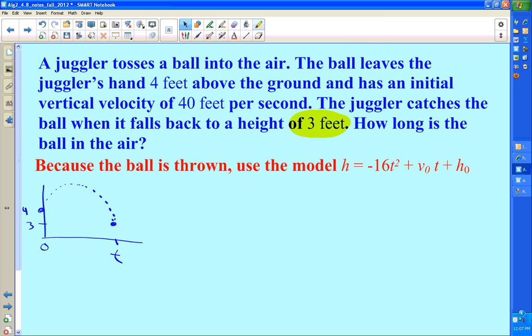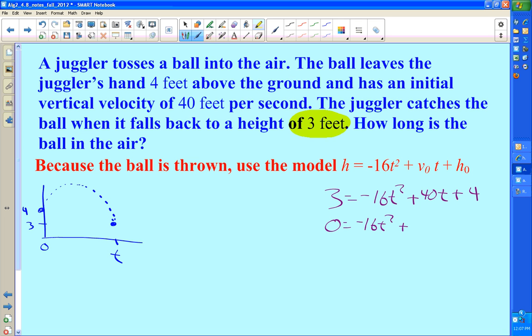So we're going to plug right here, 3, in for the height. The initial velocity was 40 feet per second times t, and the initial height was 4. If we subtract 3, we have this equation right here.